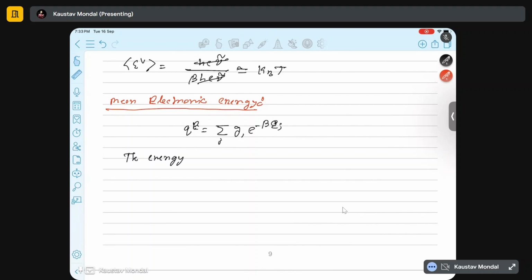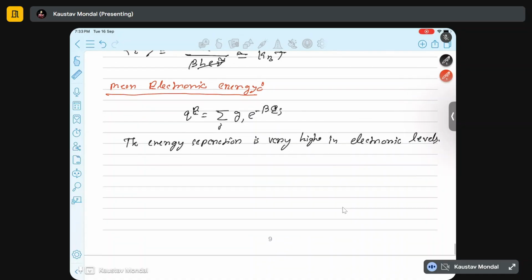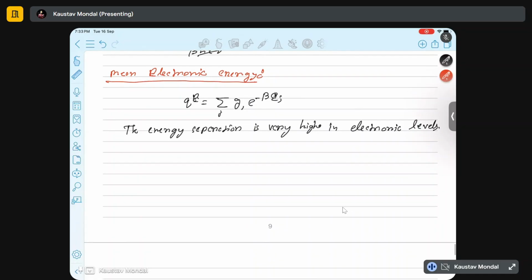As you know, the energy separation is very high in electronic levels. We have discussed it earlier also. So what approximation have we taken?